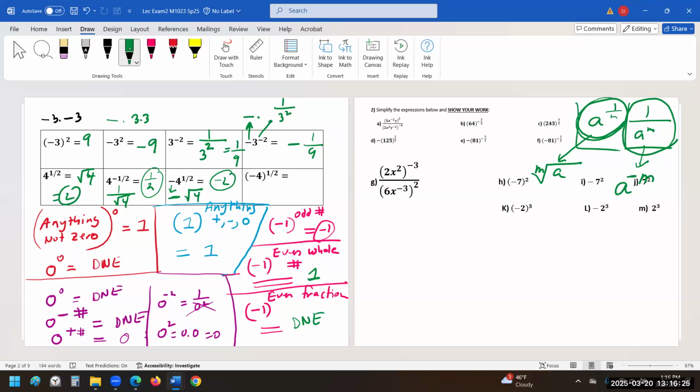And the last one says we have a base of negative 4, so negative 4 inside the square root. What's the answer? It's imaginary, so in the real world, it doesn't exist. And see the rule? If you have a negative base with an even fraction power, the answer doesn't exist. Negative base, but your power is an even fraction, the answer doesn't exist.